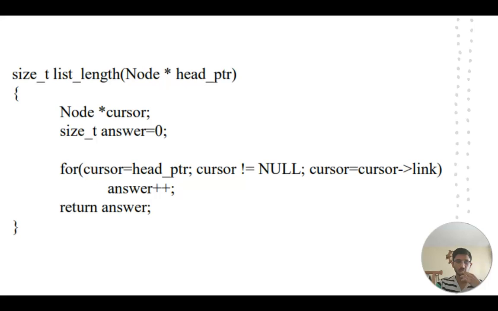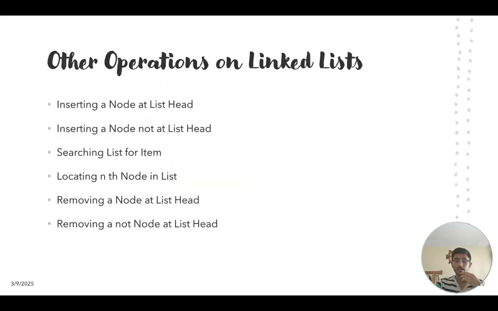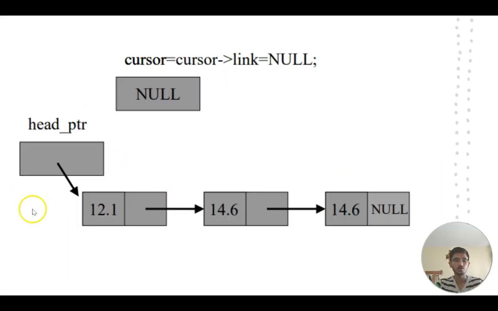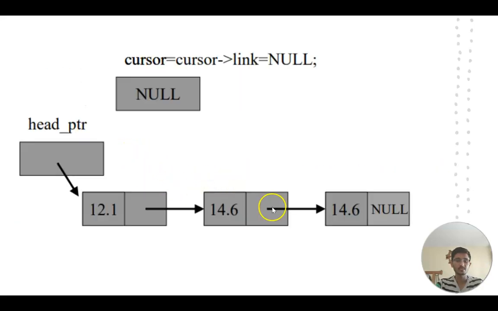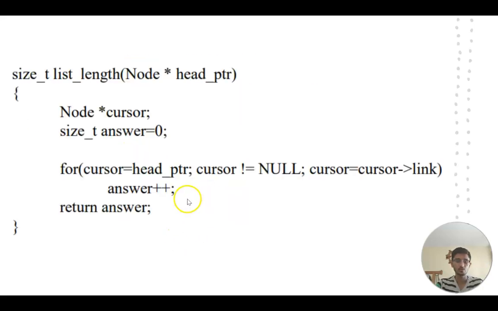So that's the code again, and now we also come across a lot of other operations that we could do with linked lists. For example, inserting a node at the list head. If we want to insert a node over here, or inserting a node not at the list head, say we want to insert in the middle.